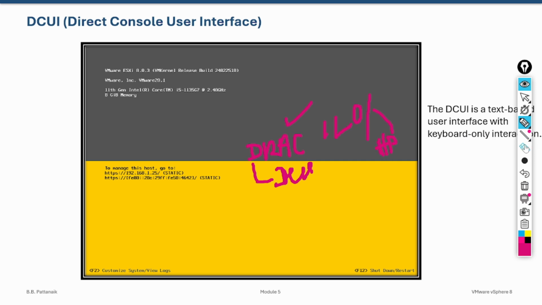These are the remote management tools to access this host. Here we do basic setup tasks like configuring the network IP address and changing the administrative root password. We can also restart the ESXi server or restart system services using this DCUI.